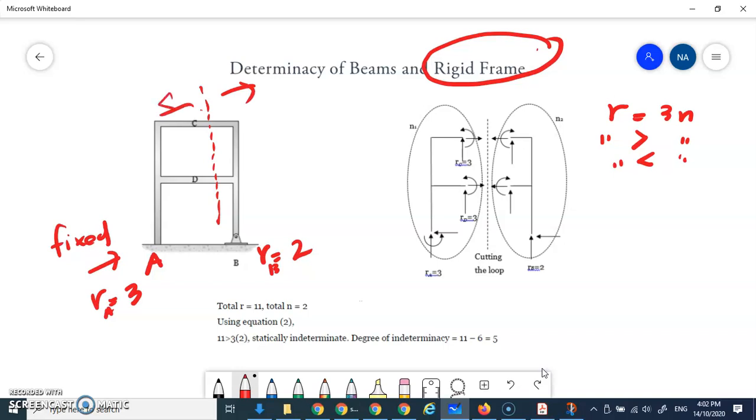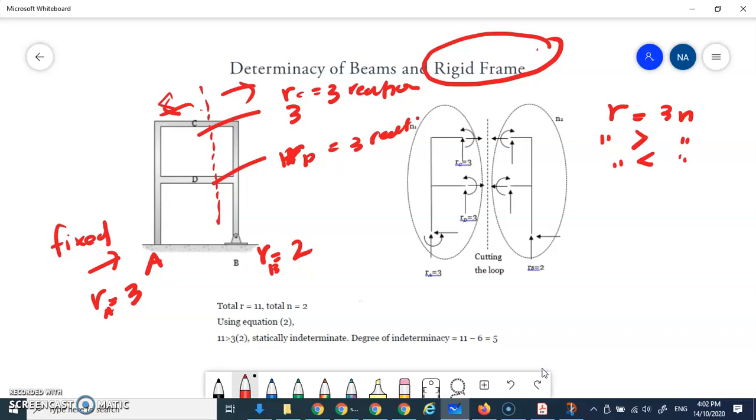Okay, kalau kita tengok sini, so bila dia pecah 2, so dekat bahagian sini akan jadi 3 reactions. RC will have 3 reactions. Okay, RD will become 3 reactions.